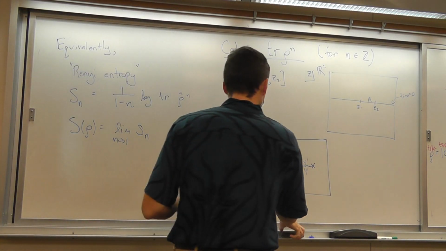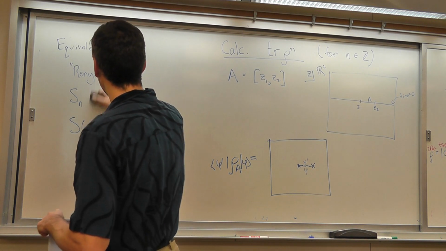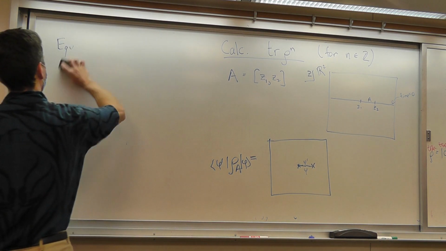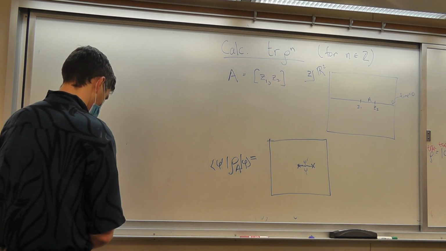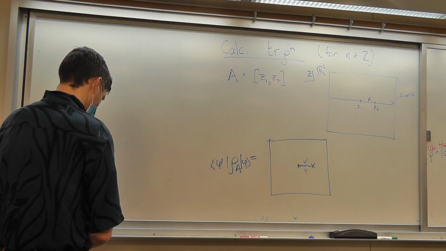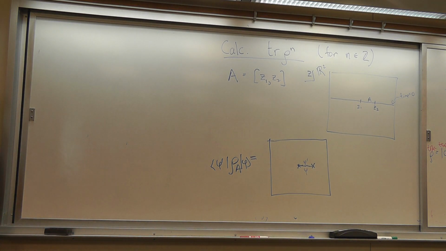We know the expression for rho A in terms of the modular Hamiltonian, right? So we could also in principle calculate the entropy using that expression. I don't know of any way of doing the calculation that way. It seems like it should be possible. I tried it once and I couldn't get it. I think there's a subtlety with dealing with the vacuum subtraction and the UV divergences.